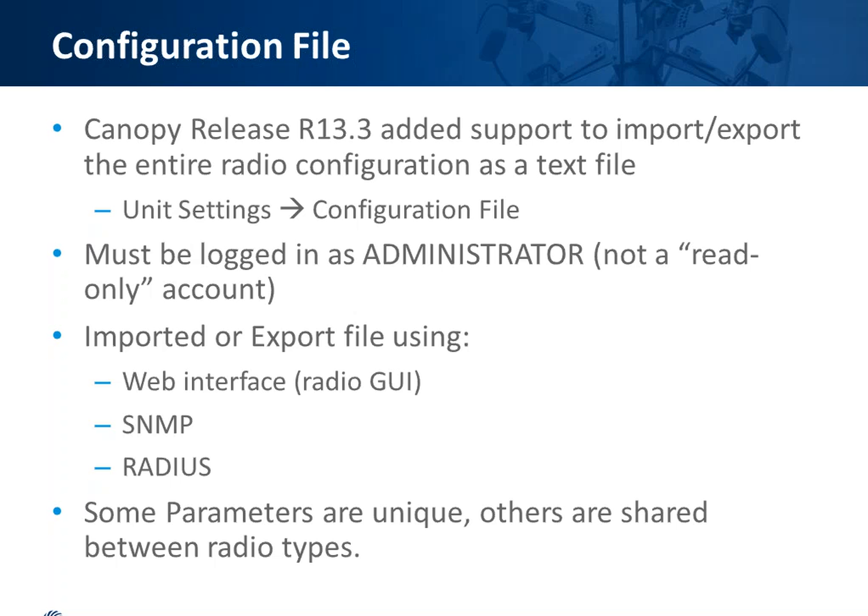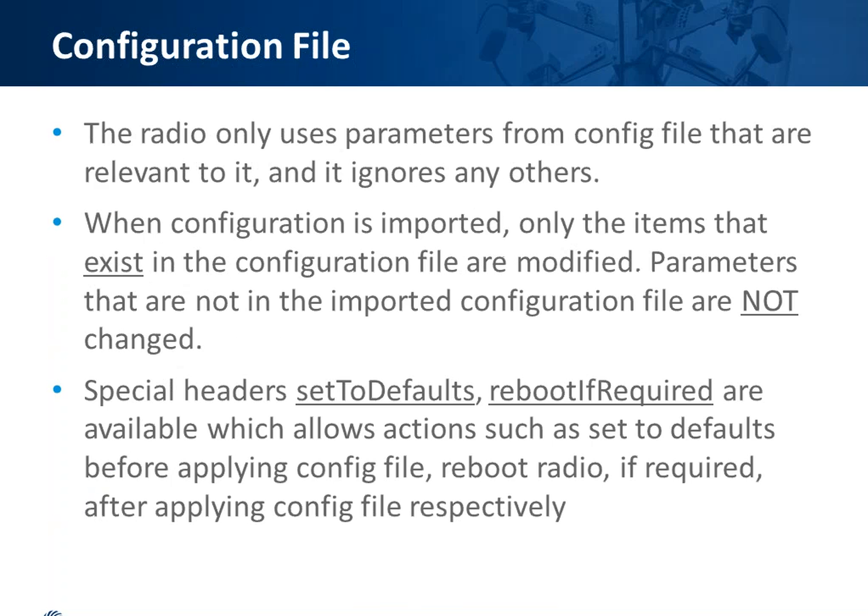Some of the parameters are unique, but others are shared among the radio types. The beauty of it is that only the parameters that are relevant to that specific radio are taken into account. It'll ignore anything that doesn't apply to the radio or anything that doesn't change. So really, only the items that are in that configuration file are applied to the radio.